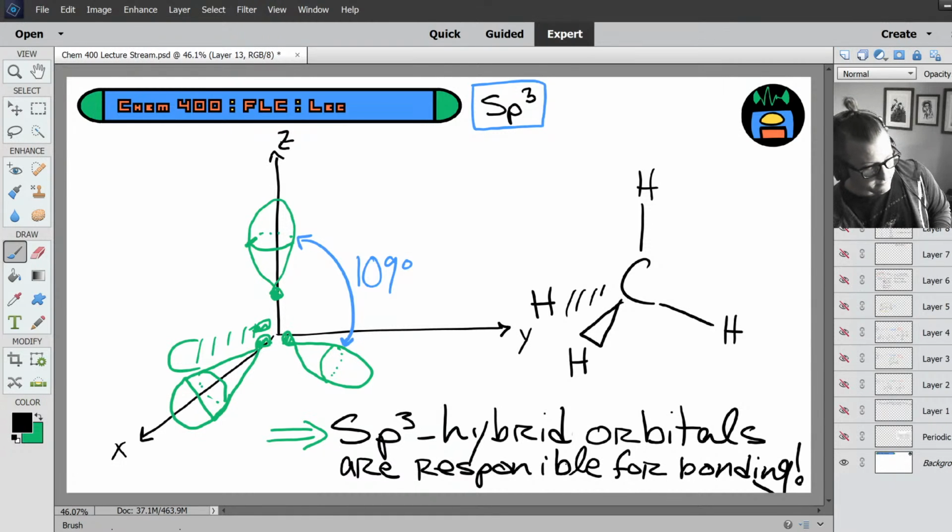Now that we have seen it, I want to stop for a minute and talk about bonding. We haven't really talked about bonding. We've been drawing bonds in Lewis structures and three-dimensional VSEPR geometries, but we haven't talked about how those bonds form, other than in Lewis theory, where we said the electrons are shared.